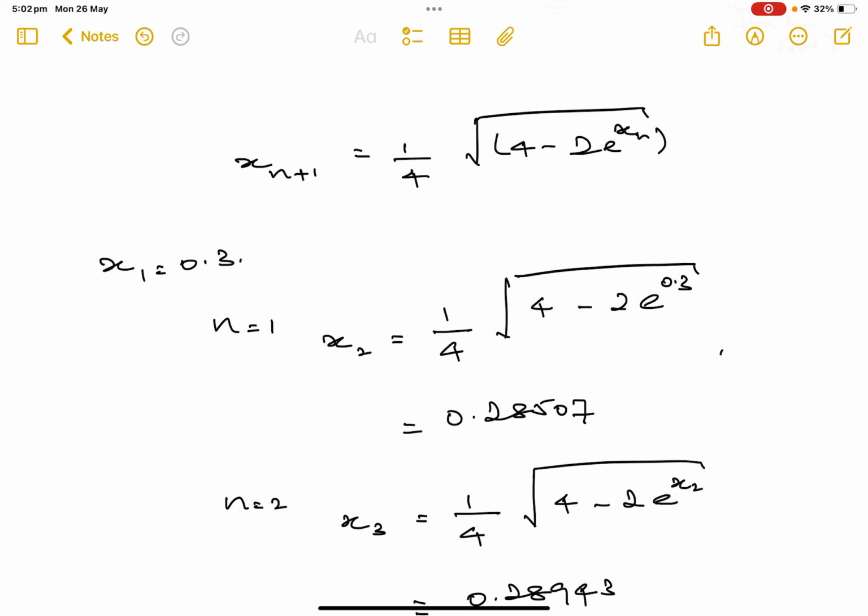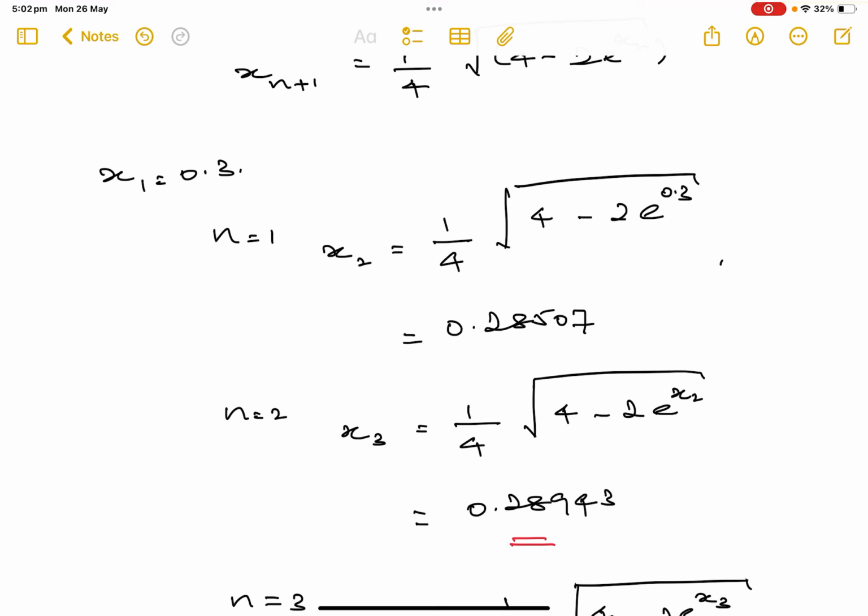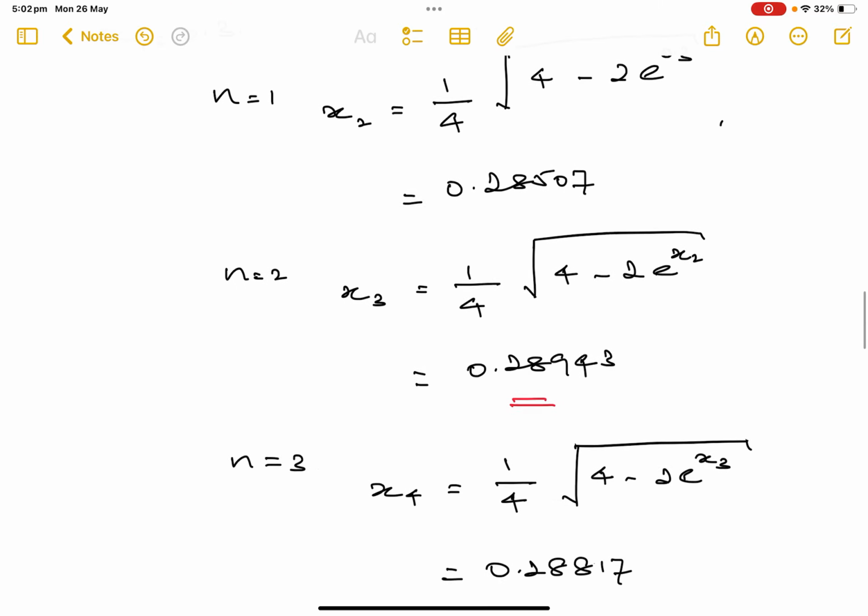So starting from n equals 1, x2 equals 1/4 square root of 4 minus 2e to the power of 0.3, because x1 equals 0.3. And the calculation gives us the value 0.28507.